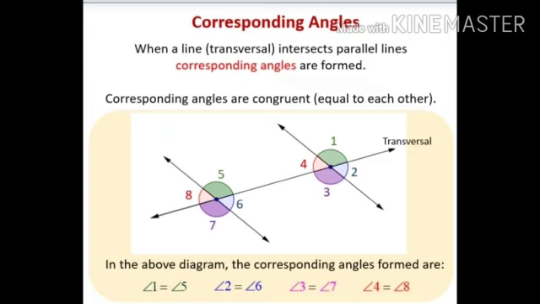So, according to the property of corresponding angles, the pairs of corresponding angles formed by two parallel lines and their transversal are congruent. Similarly, if the corresponding angles are congruent, that is, their measures are the same, then the two lines are parallel lines.